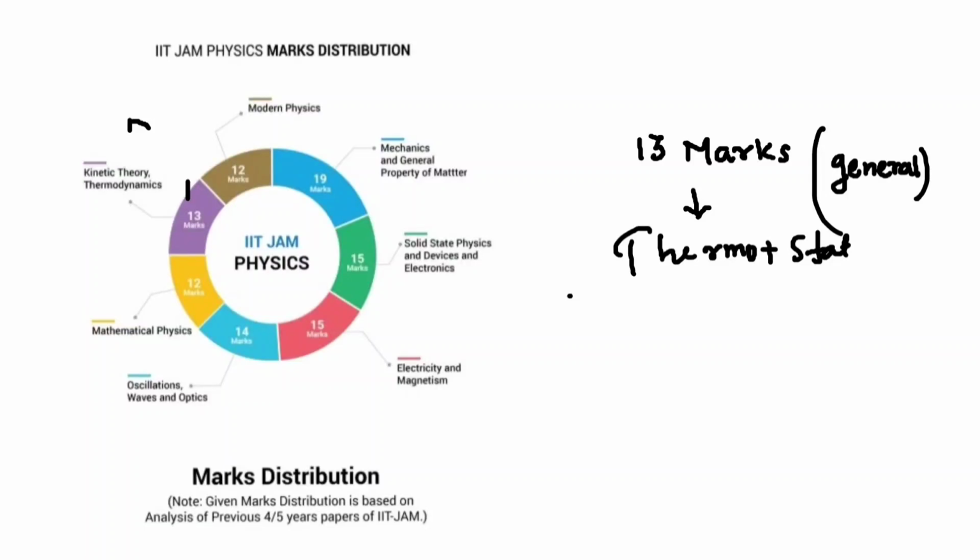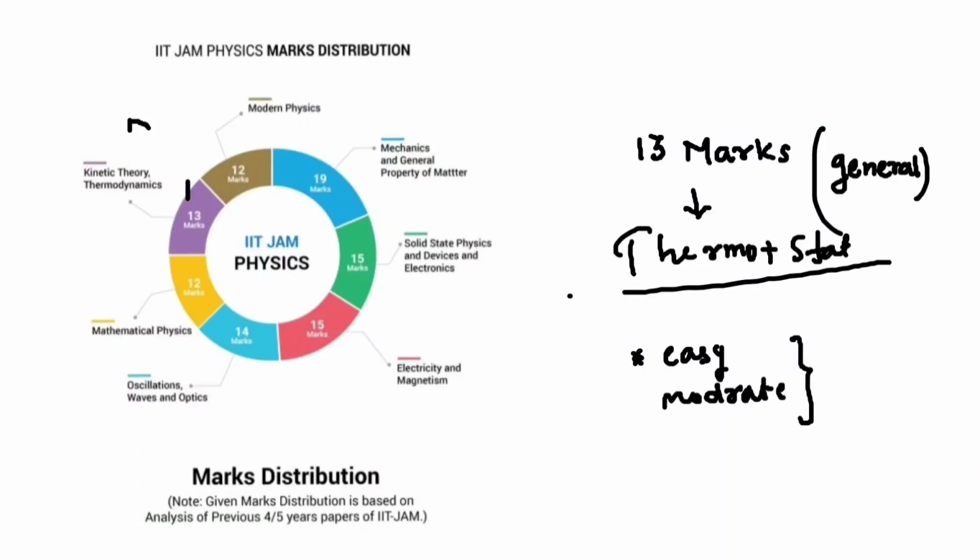There will be 2 or 3 marks up and down. In general, we can say 13 marks will come from this unit. The questions from this unit will be easy or moderate, so it is easy to attempt them, and it will help you to score good marks and a good rank in your exam.